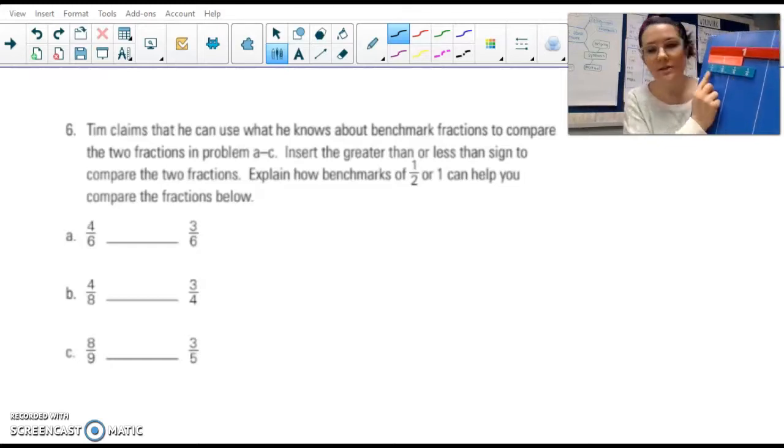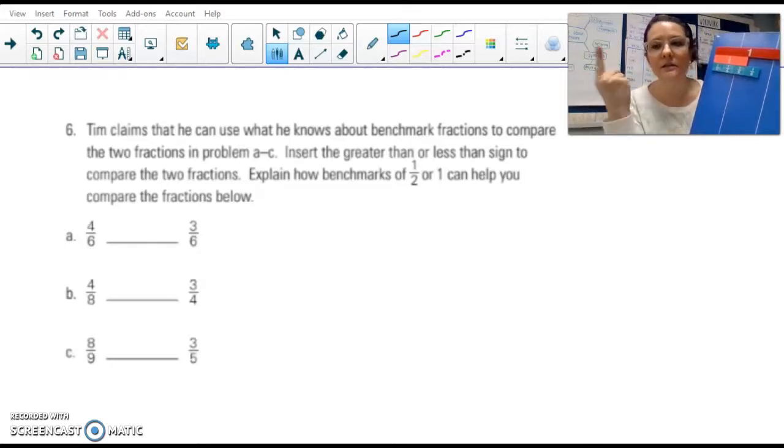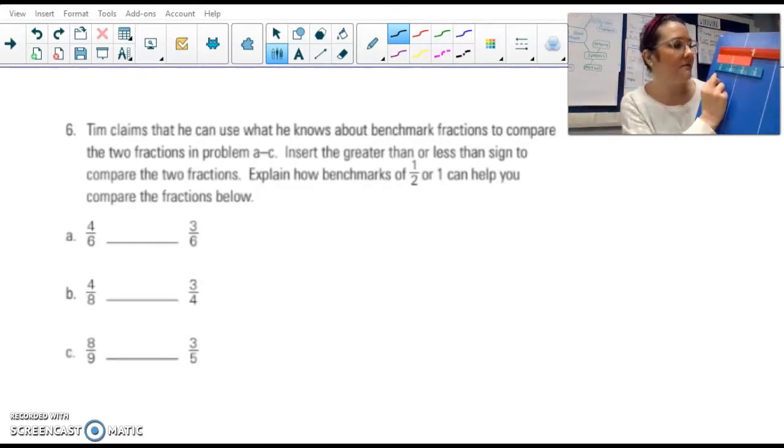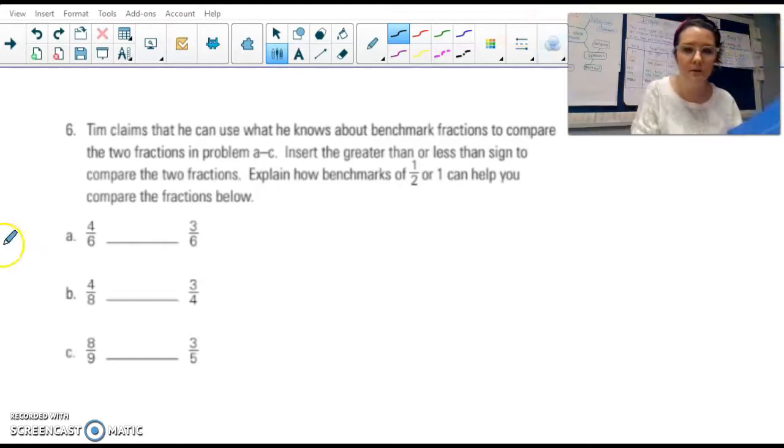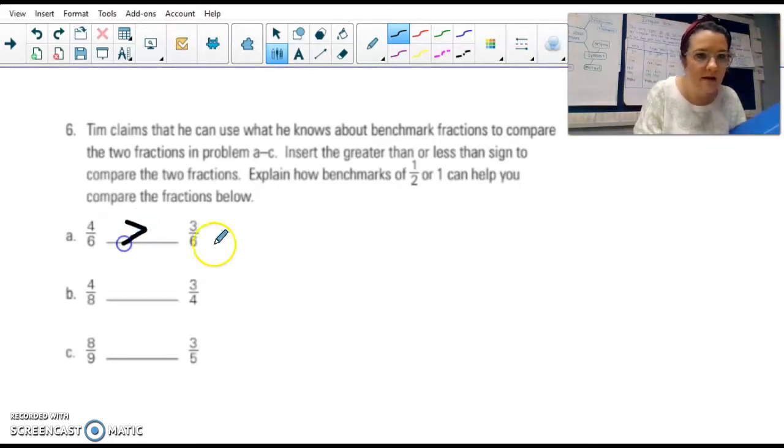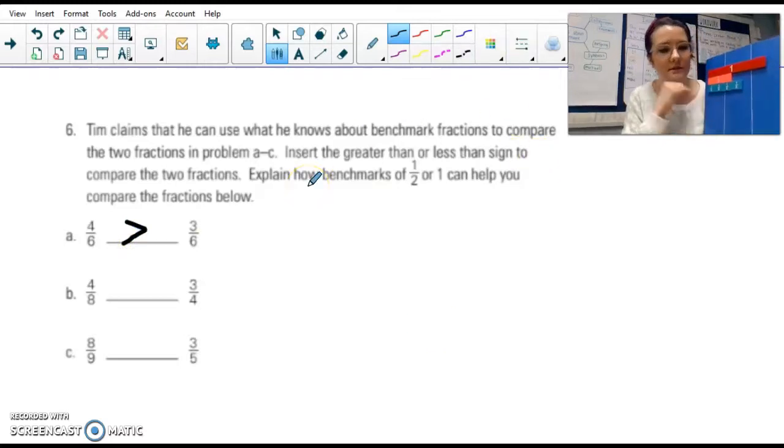So when fractions have the same denominator, I can look to the numerator because then that's how many of those fractional pieces we have. So if I have 3/6 and 4/6, 4/6 is going to be bigger than 3/6. Okay, so I'm going to put my greater than sign right there. 4/6 is greater than 3/6.